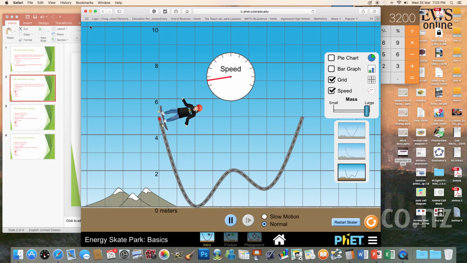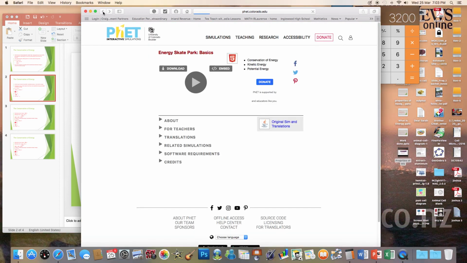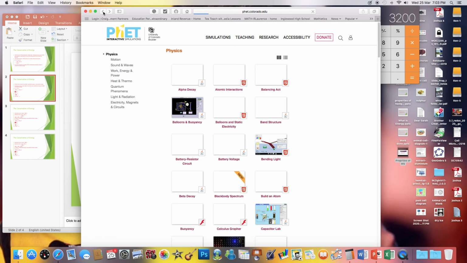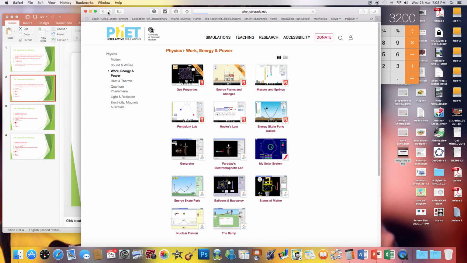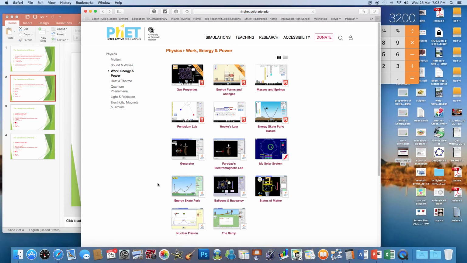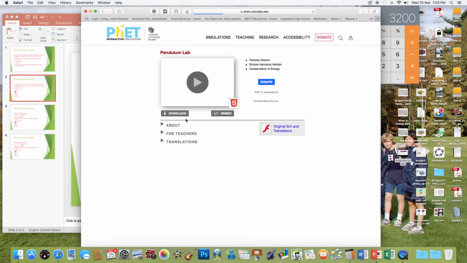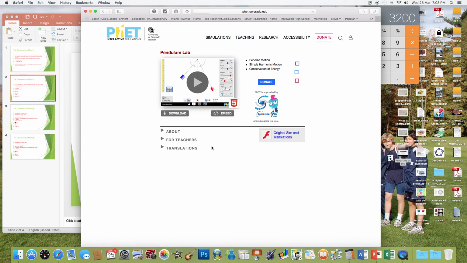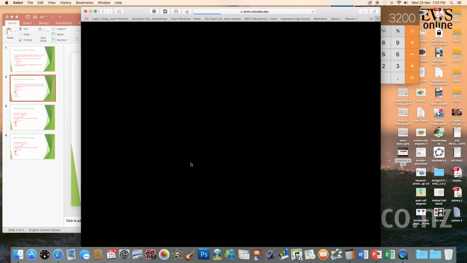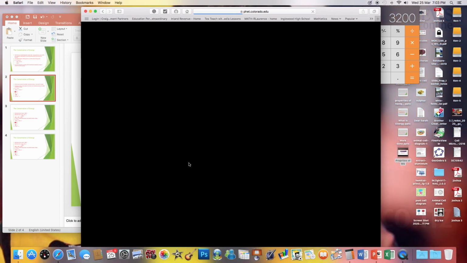Now if I go back and use a different simulation model, and let's use the pendulum here this time. So if I use the pendulum simulation, the same thing applies here. It's like a swing.